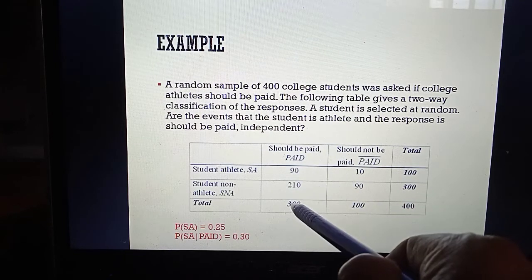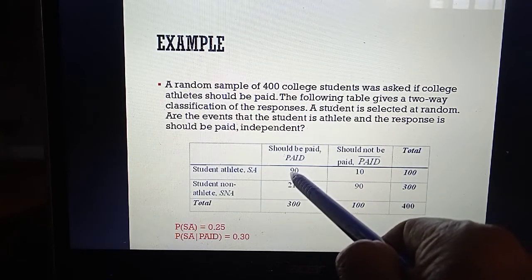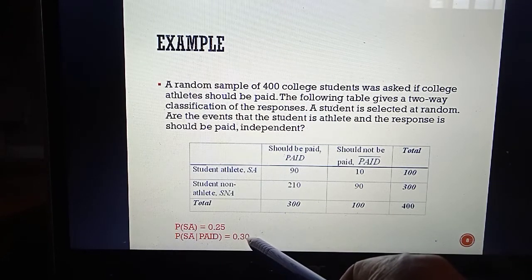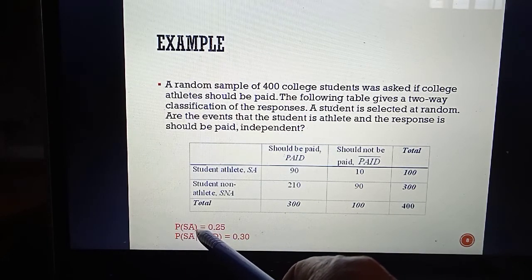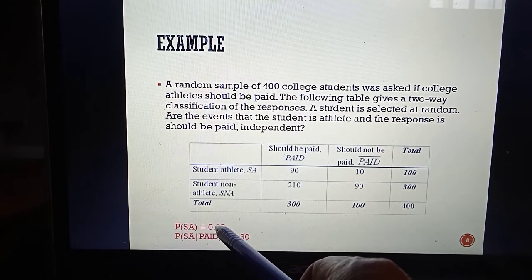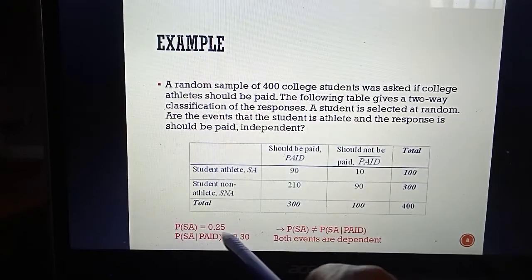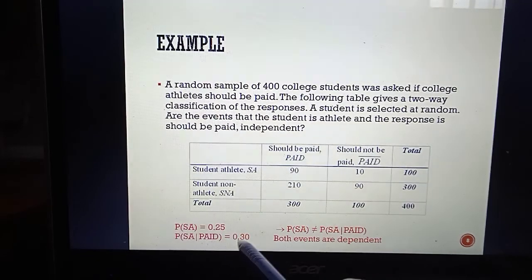Total of column paid is 300 and student athlete is 90. So 90 over 300 is 0.3. Probability student athlete is 0.25, probability student athlete given paid is 0.3.